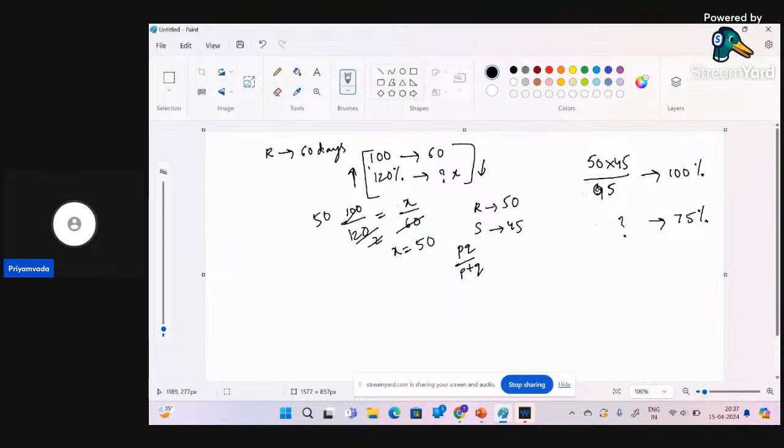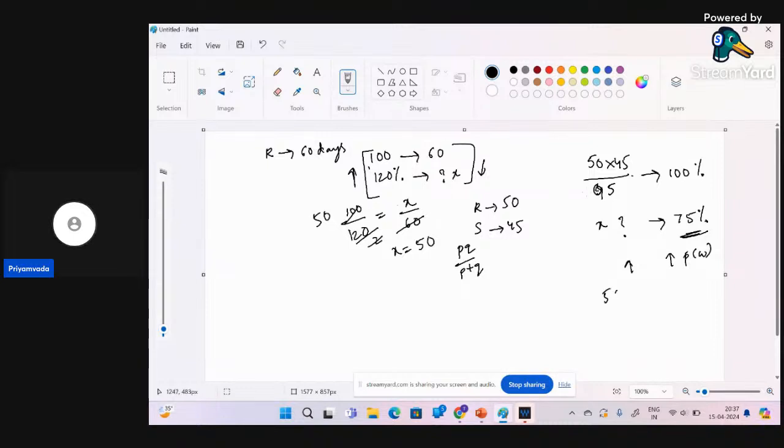We'll be taking it as x. As the work increases, the number of days also increases. Here, this is the percentage of work, not the percentage of efficiency, right? This is not the total work they are doing, it is the amount of the work. So as the work increases, the number of days they require to complete them also increases. So we'll be taking it directly, not inversely.